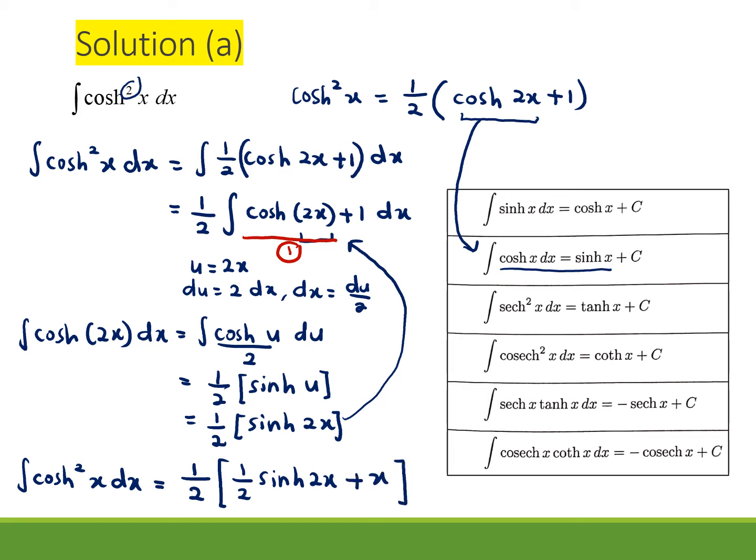And all this, and then plus the constant c. So next we expand this, we get 1 over 4 sine hyperbolic of 2x plus 1 over 2 x plus c. So this is the integration of cos hyperbolic square x dx.